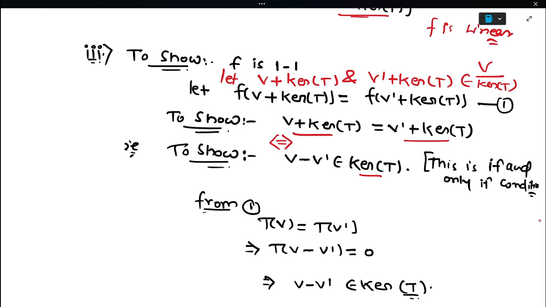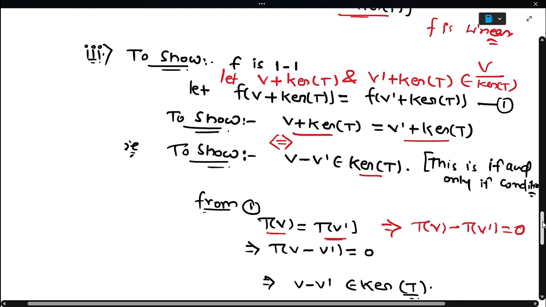As f of v plus kernel of T equals f of v' plus kernel of T, this will be T of v equals T of v' by definition of f. Now we can write T of v minus T of v' equal to 0, because if we take it to the left side, it will be minus T of v' equal to the 0 vector.